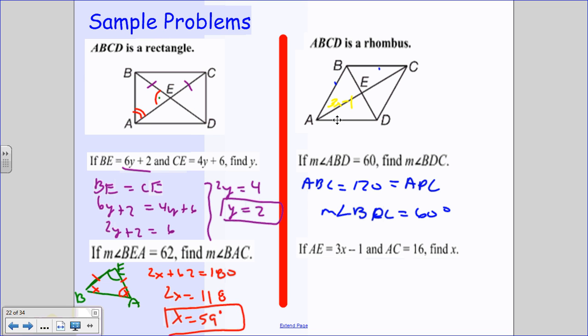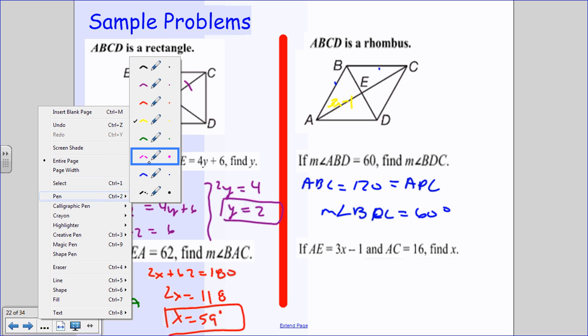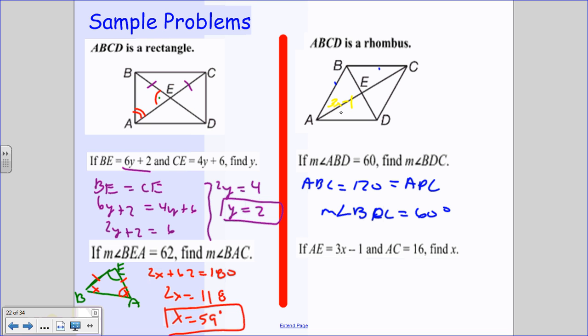AC is 16, so that's the whole length. And it wants us to find x. Well, I know part of the whole. This is a part. This is also a part. And together, both parts make AC. So part plus part equals whole.